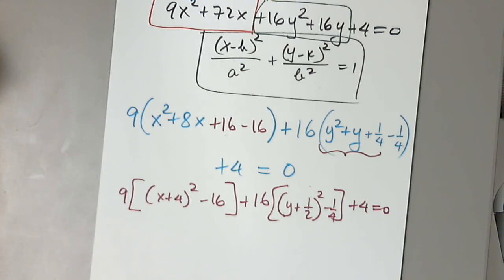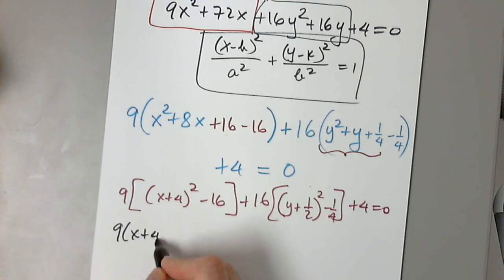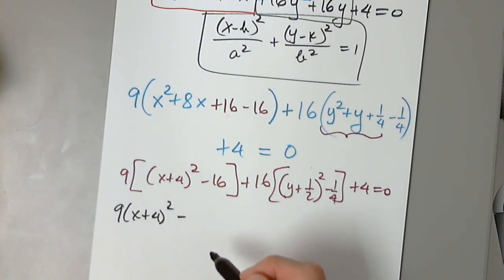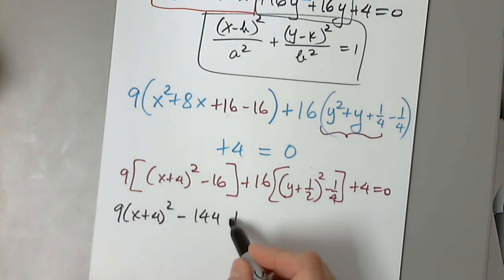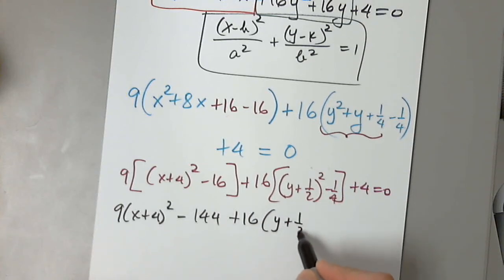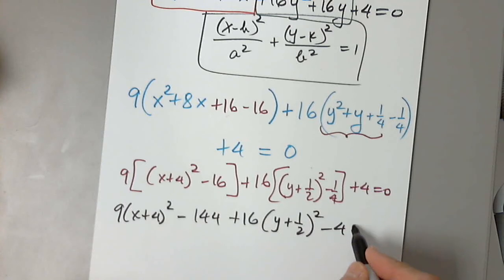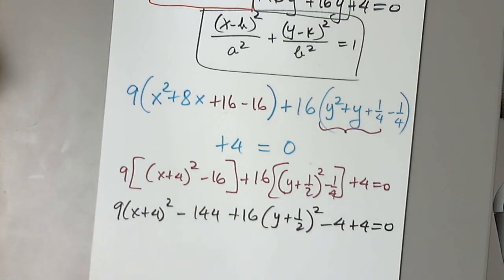Ready for that? So 9, x plus 4 squared minus 9 times 16. How much? 144. Are you sure? Good. Thank you. Y plus 1/2 and 16 times negative 1/4 minus 4 plus 4 equals 0. Do we all understand this step?